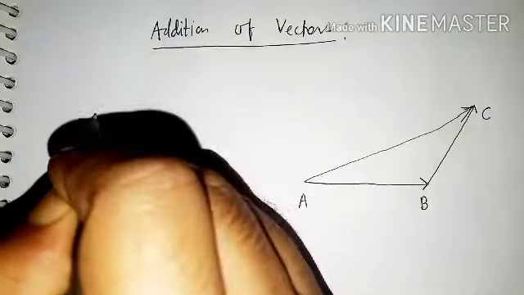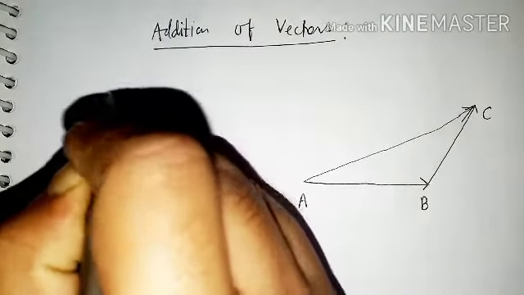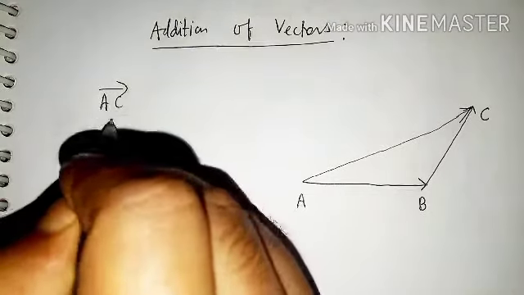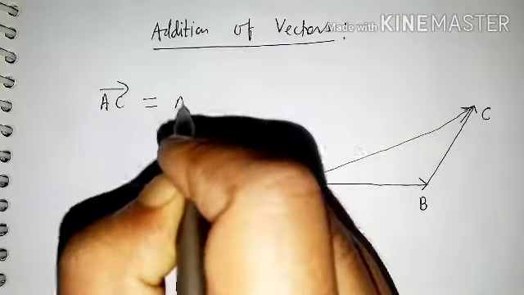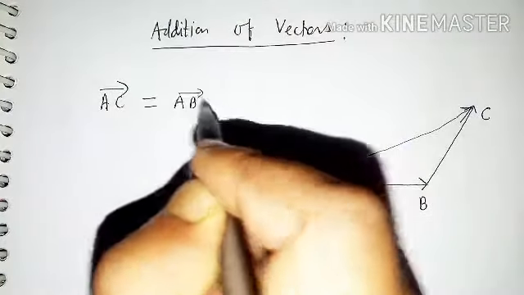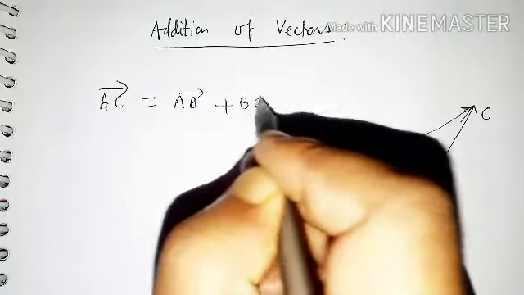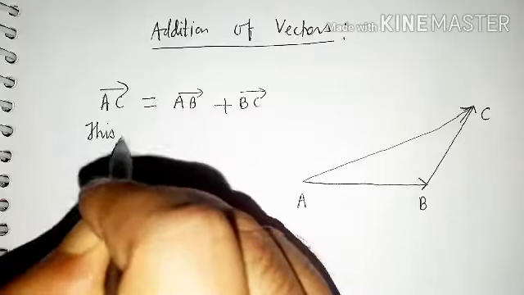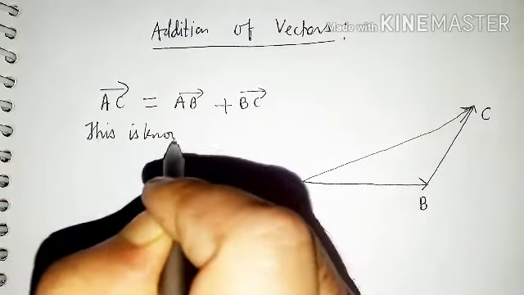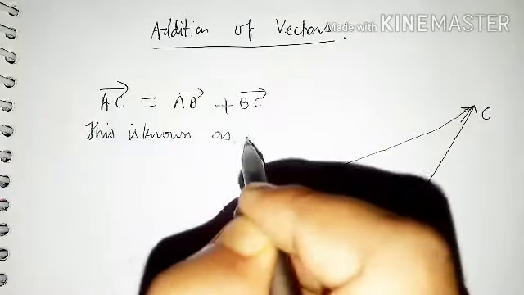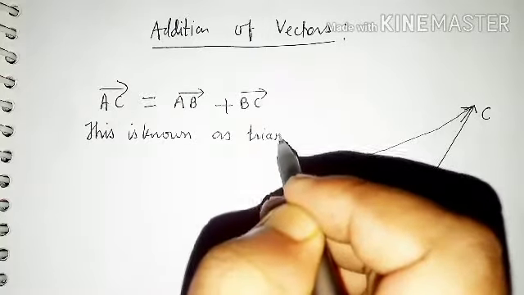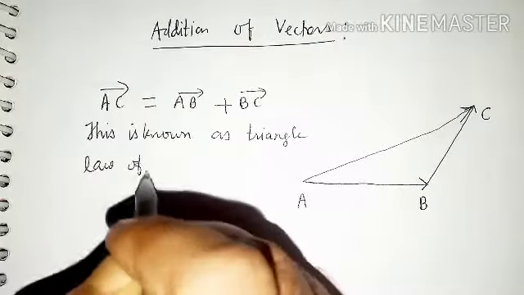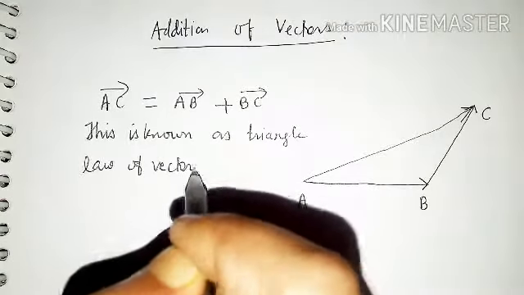So we can write vector AC is equal to vector AB plus vector BC. This is known as triangle law of vector addition.